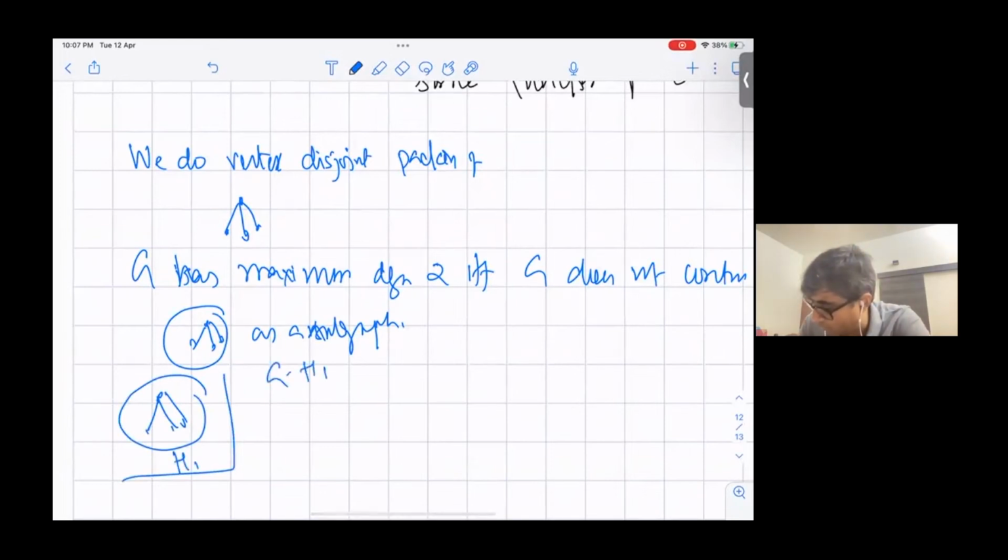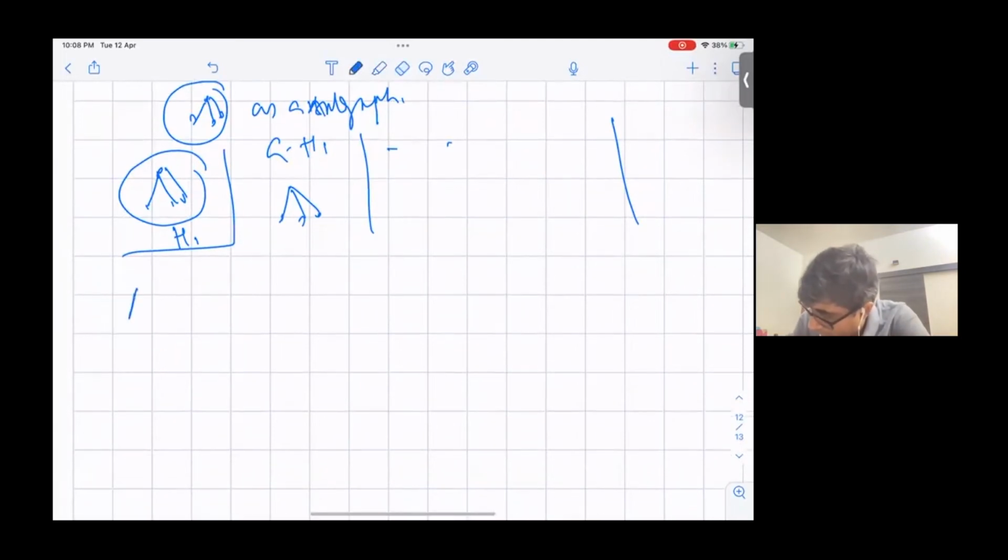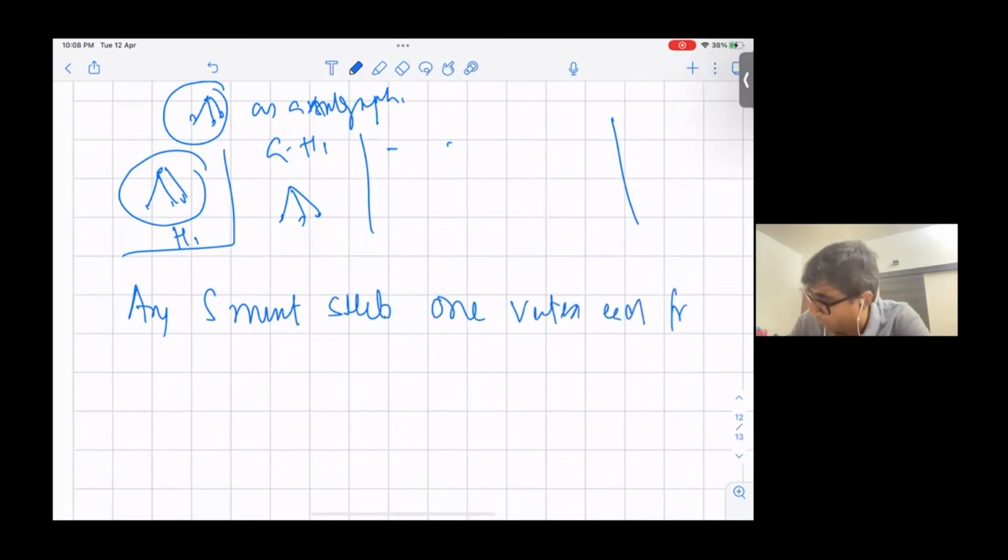Now in G minus H1, find another one, and so on and so forth until you can't do it. Now what you know is that any optimum solution S must select one vertex from each vertex disjoint copy.